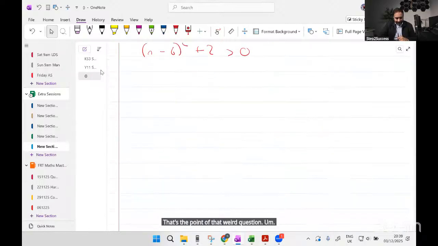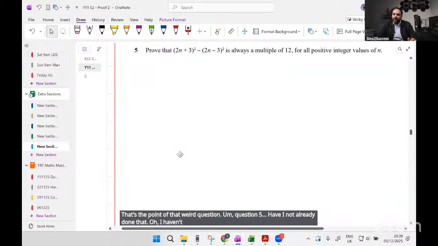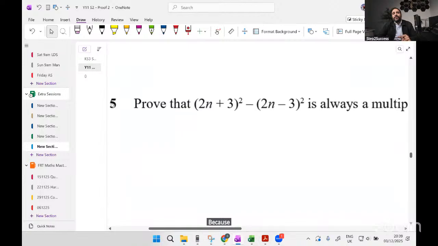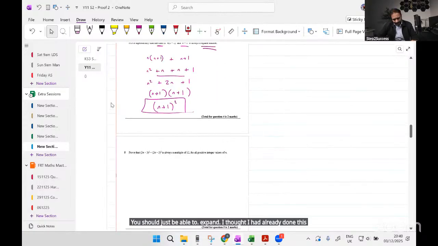Question five. Have I not already done that? Oh, I haven't. No, again, is the answer to that question. Because you should just be able to expand. I thought I had already done this for some reason. Is it not the same question?